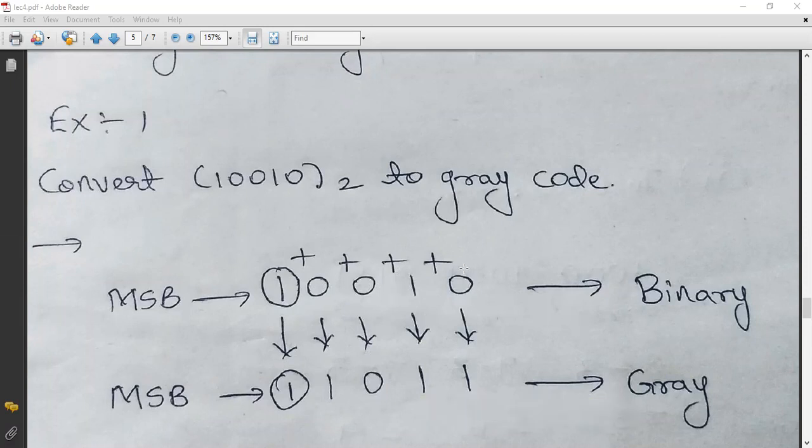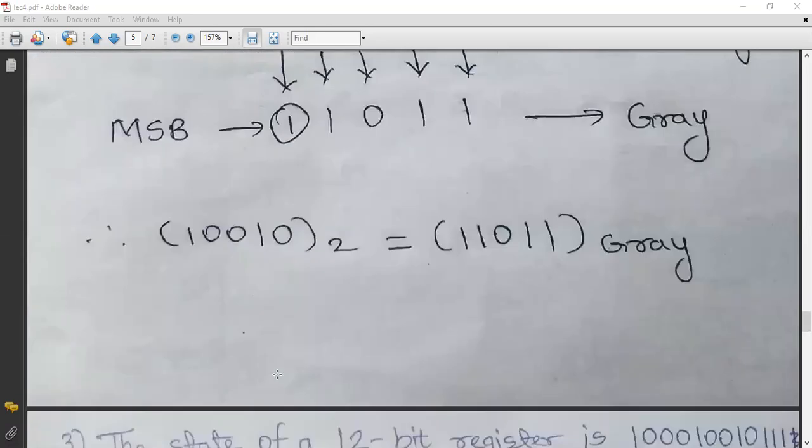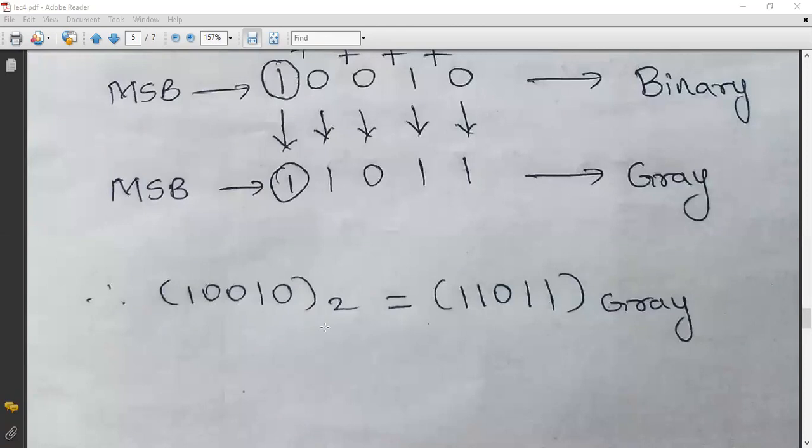Again 1 plus 0 is 1, so 1 is represented here. So simply by adding the adjacent bits and retaining the MSB as it is, we get the Gray code conversion. So 10010 to the base 2 is now converted into 11011 to the base Gray.